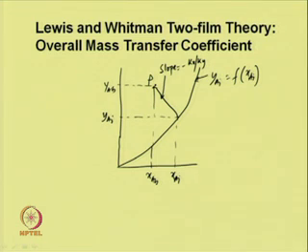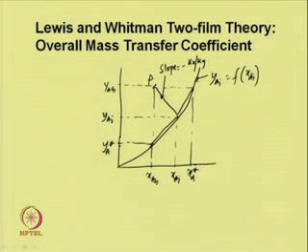From this y A B, if we draw a line, this is in equilibrium with x A. So, this is x A star, and similarly this is x A B in equilibrium with y A star. Suppose the slope of this line is m double dash and this is m dash.